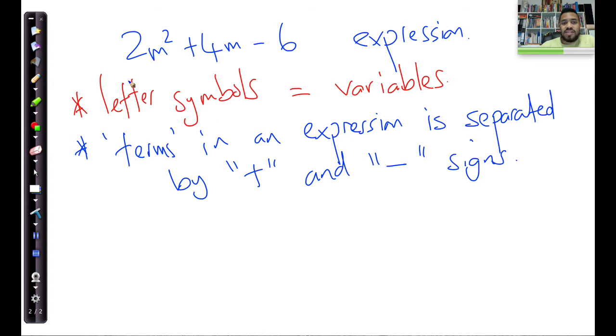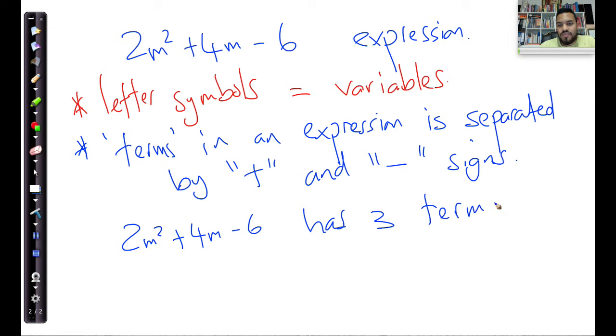So, for example, in the example above, 2m squared plus 4m minus 6 has three terms. Why? Because we are separating this one from that one and so forth. The plus and the minus signs separate the terms. The letter symbols are variables.